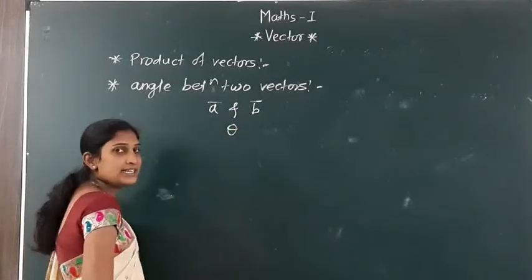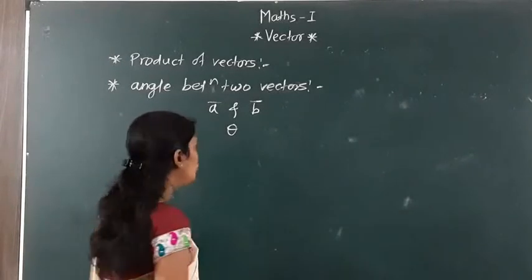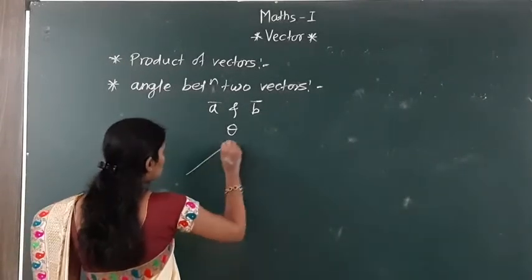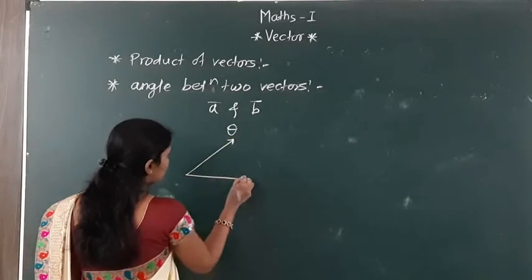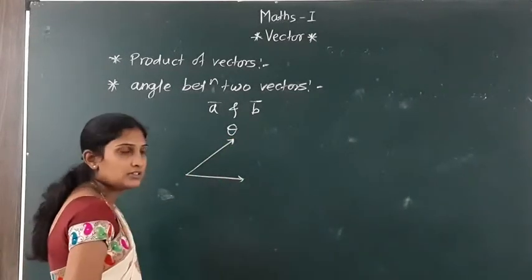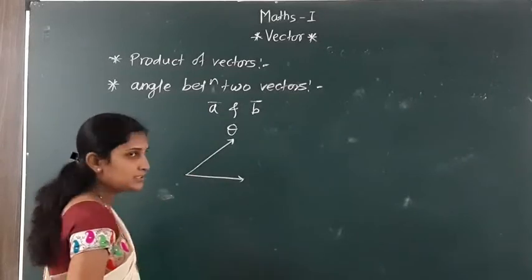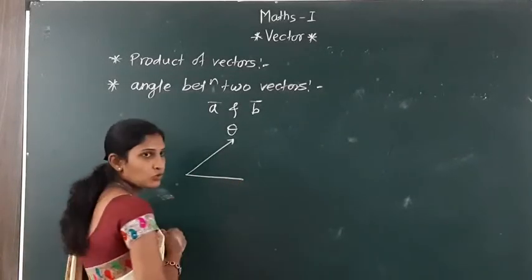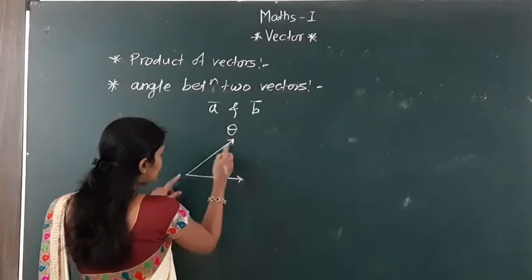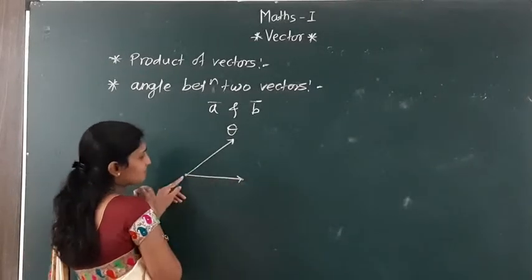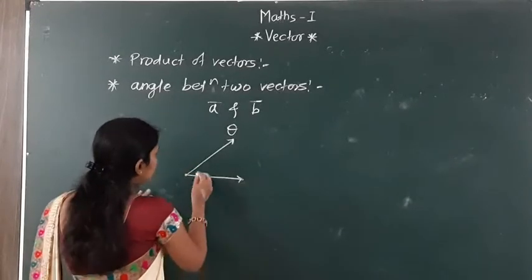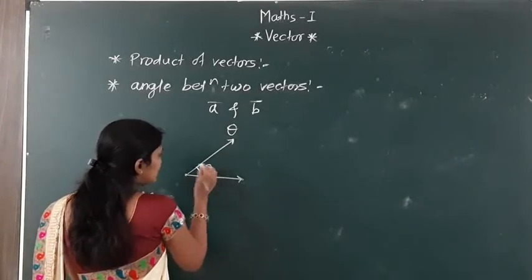If there is an angle theta, there are two cases. If these two vectors coincide, if their initial points are same, then the inclination is like this and this angle is theta.